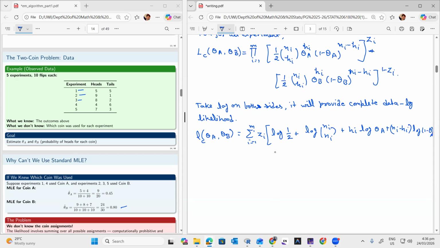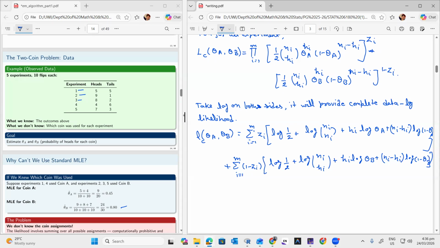The bracket closes here. Then plus the summation over i goes from 1 to m of (1 minus Zi) times [log of 1/2 plus log of the combination Ni and Hi plus Hi log of theta B plus (Ni minus Hi) log of (1 minus theta B)]. Okay, so that will be your log likelihood.